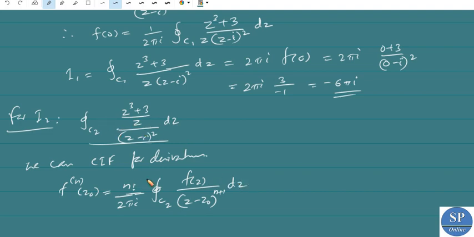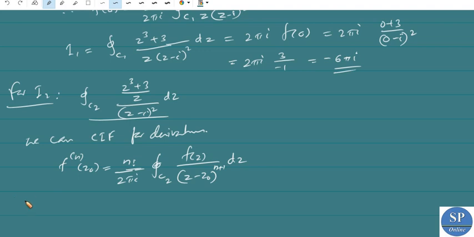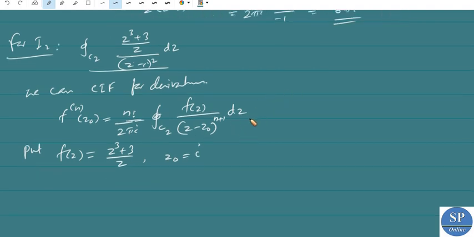Comparing this integral with this integral, we can put f of z as (z cube plus 3) divided by z, and z naught as i, right? Here we have (z minus i) whole square, but the formula has (z minus z naught) power n plus 1. So n plus 1 is equal to 2, so n equal to 1, right?